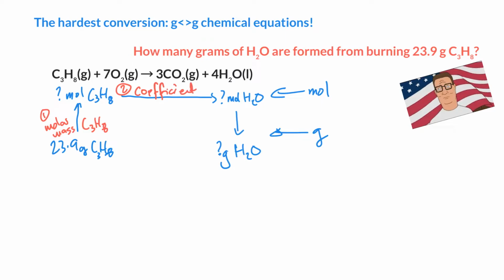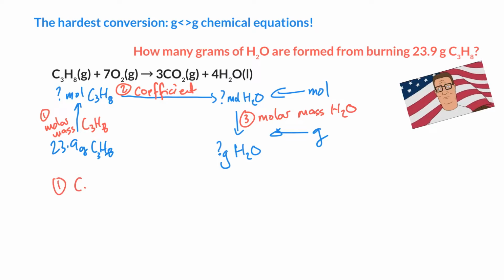We've got one of those, and it makes 4 of those. So we would have 1 mole to 4 moles when we do that part. And finally, we've got to go from moles to grams. Well, we need the molar mass. That's the weight of all the atoms. And this time we need it for H2O. So we can do those. And let's go ahead and try it.